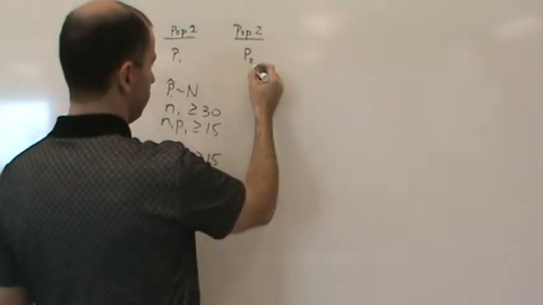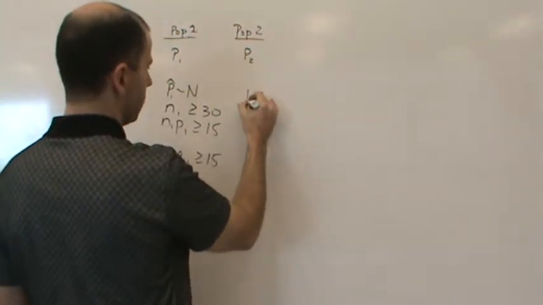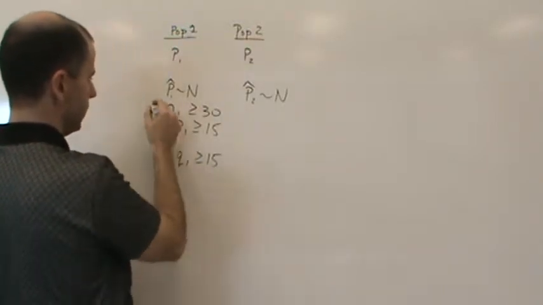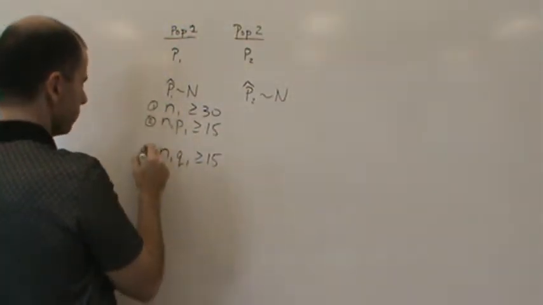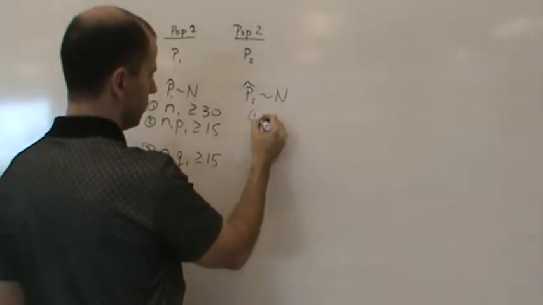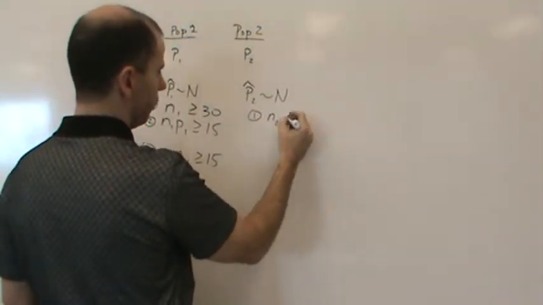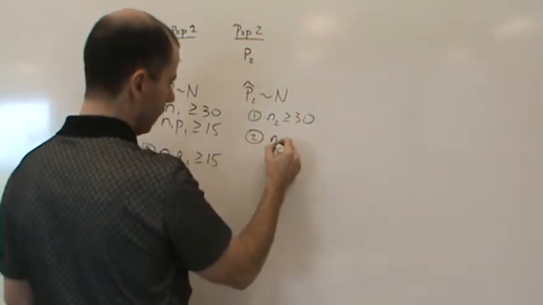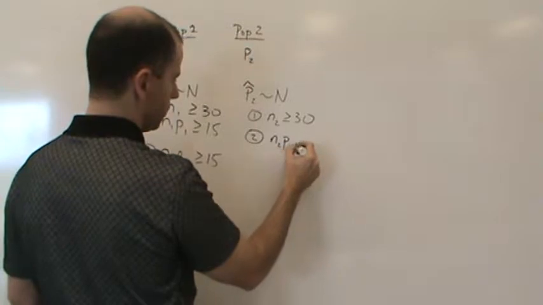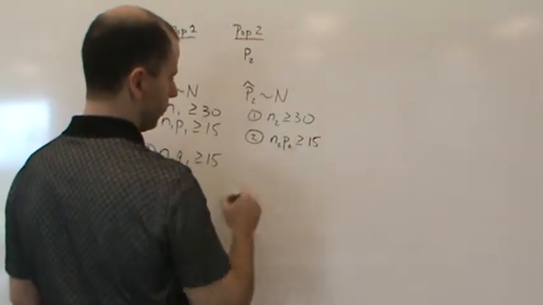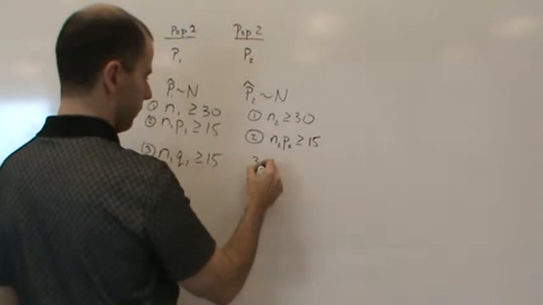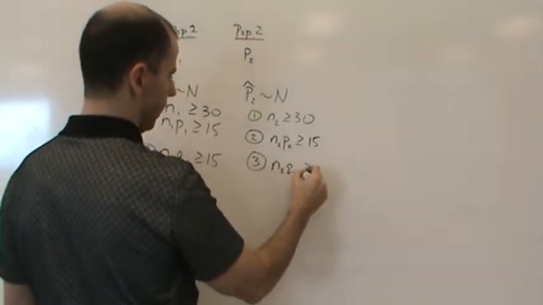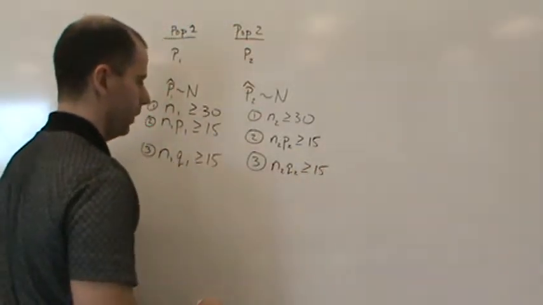And also with the second population, similarly, I want P2 hat to be normally distributed. So what are the conditions that need to be met there? Same conditions. N2 has to be bigger than or equal to 30. N2 times P2 has to be bigger than or equal to 15. And finally, N2 times Q2 has to be bigger than or equal to 15. Okay?